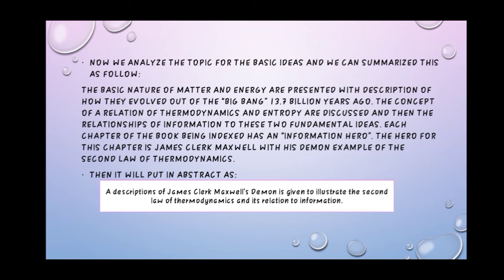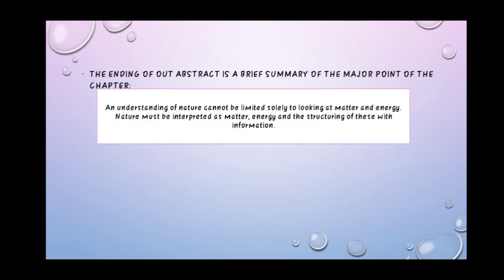Then, the relationship of information to these two fundamental ideas is presented. The chapter of the book being indexed has an information hero. The hero for this chapter is James Clerk Maxwell, with the demon example of the second law of thermodynamics. Then, we put it in the abstract, like I have written in this slide. The ending of the abstract is a brief summary of the major points of the chapter.